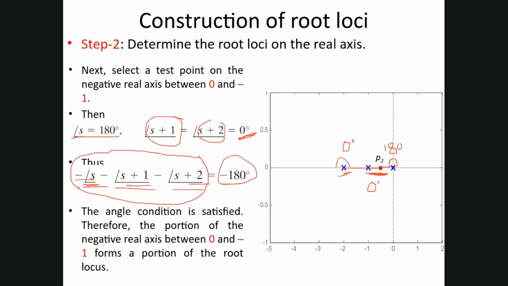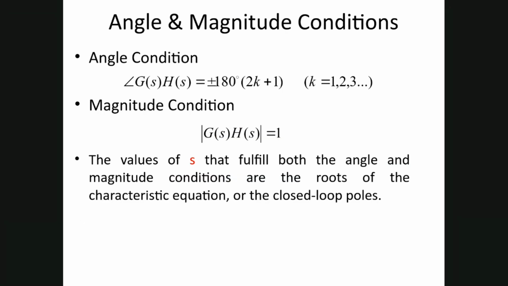Okay, and what was the angle criteria? The angle of GsHs should equal plus or minus 180 times (2k plus 1). So this is satisfying your angle criteria, because your angle is minus 180 degrees here. Here k does not start from 1, it starts from 0. This is printed over here. k can be 0, 1, 2, 3.